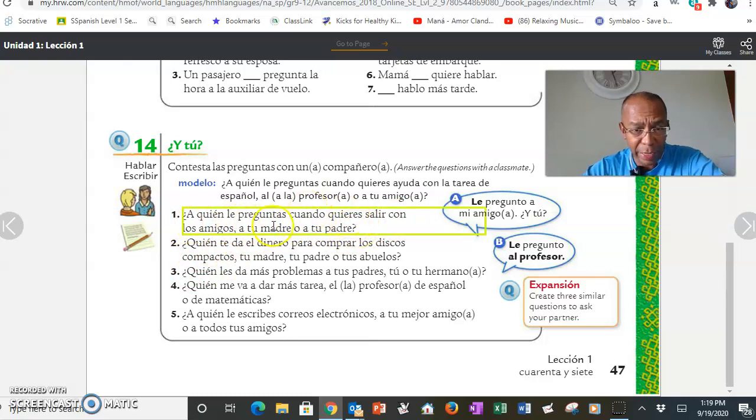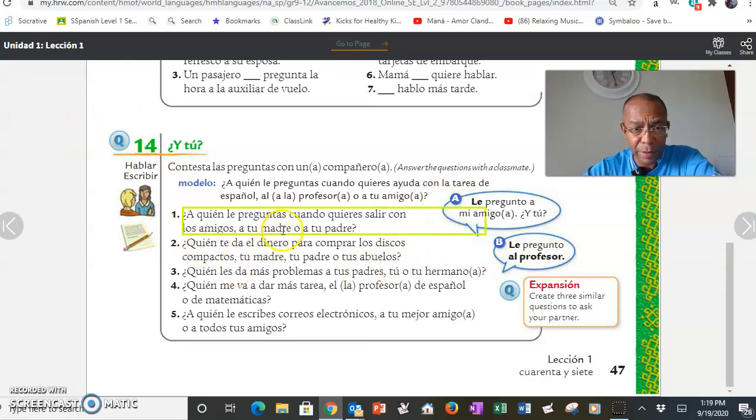So you will say, obviously because you are the one asking, le pregunto a mi madre. ¿Y tú? And you? And the second person will say, le pregunto a mi padre. Okay, so you're going to write it right here, you're going to click Q and enter your answer right there.